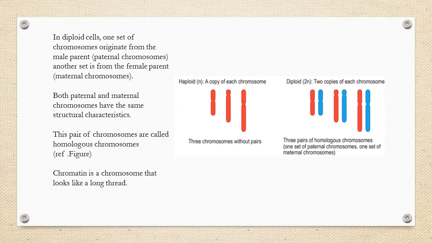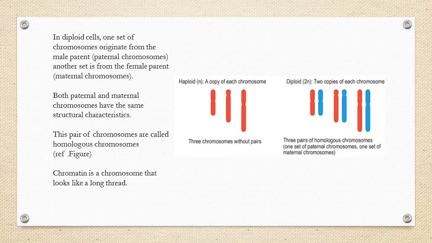Look at the three chromosomes without pair; they have their own characteristics. This pair of chromosomes is called a homologous chromosome. Homo means same. Homologous chromosomes mean the same structural characteristics.